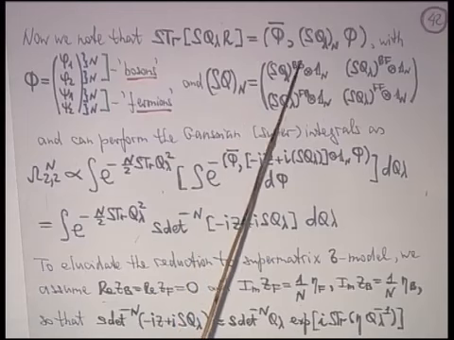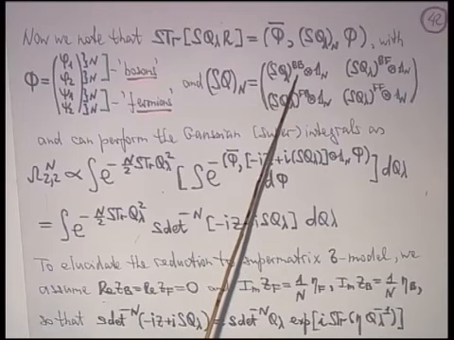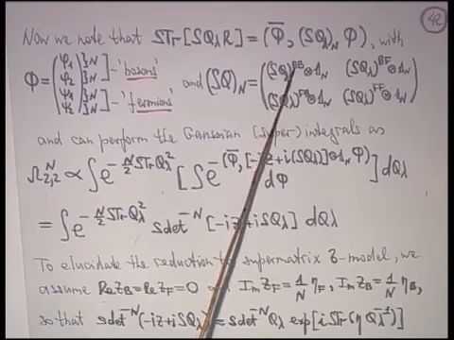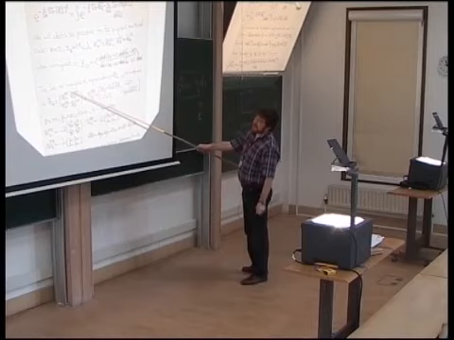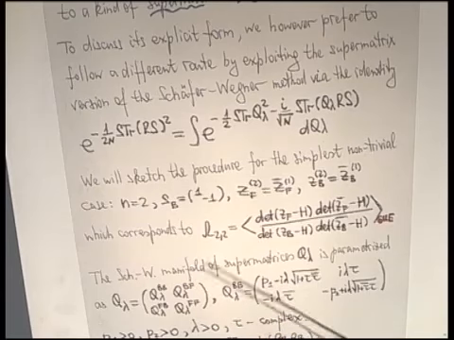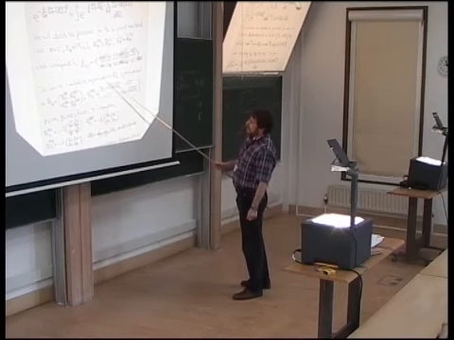It's a supermatrix, but it has a two by two structure. Every element here, S times Q, or even Q itself, has this structure.